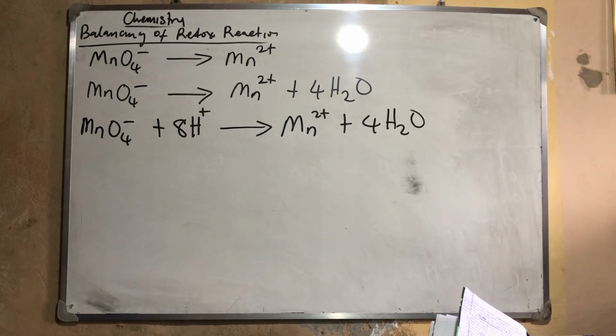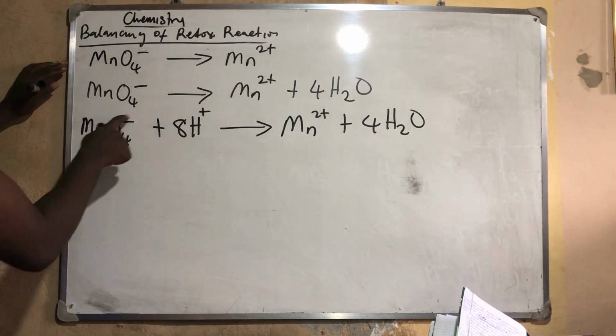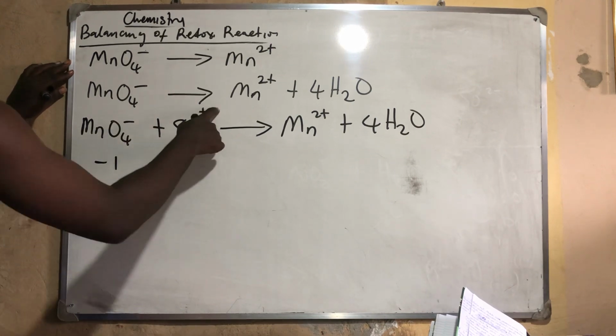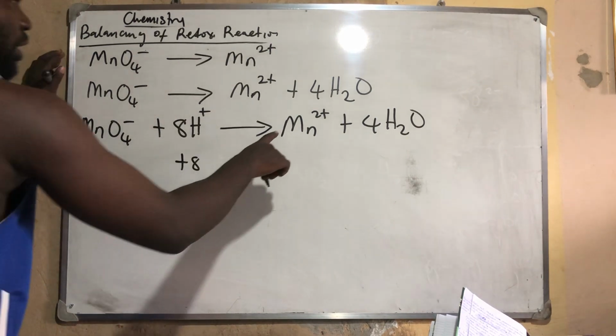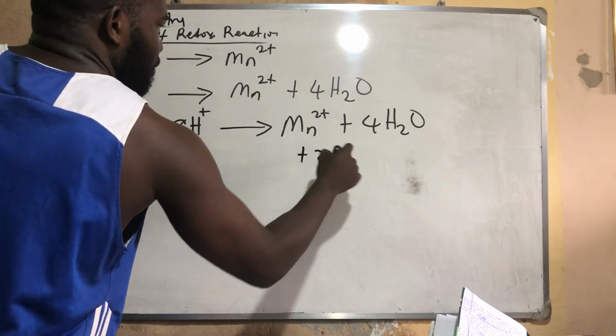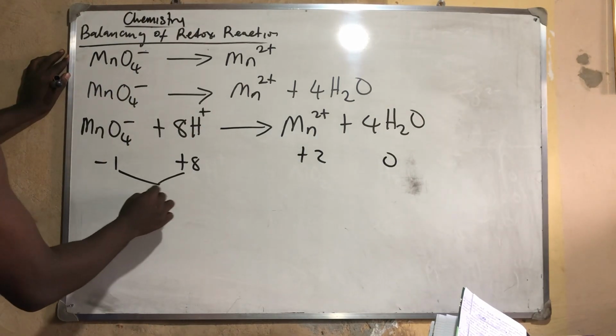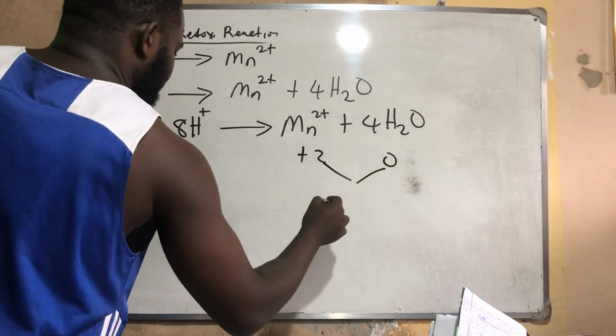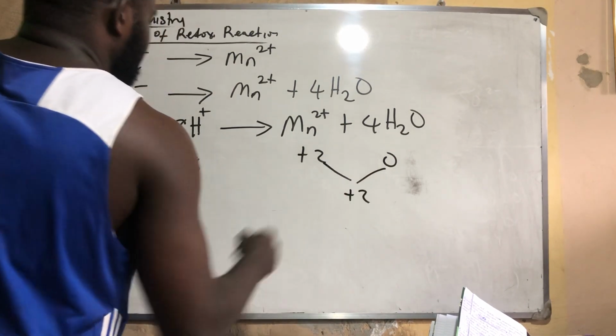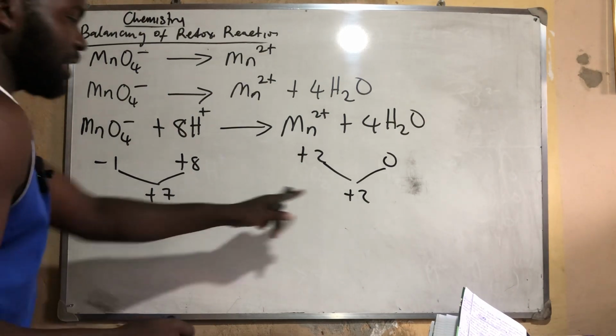So the last thing we do is to check the number of charges we have. 1 times this is minus 1. 8 times this is plus 8. 1 times this is plus 2. 4 times 0 is 0. So the both of them is giving me plus 7 and the other plus 2. So let us subtract. This minus this is 5.